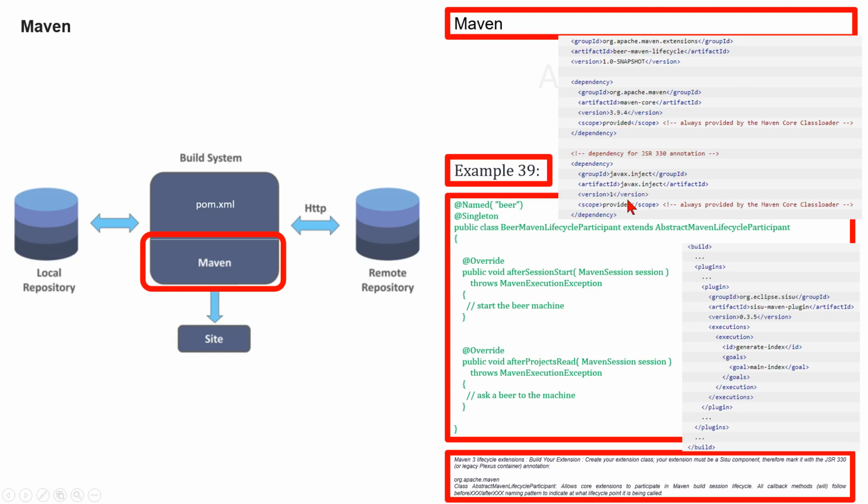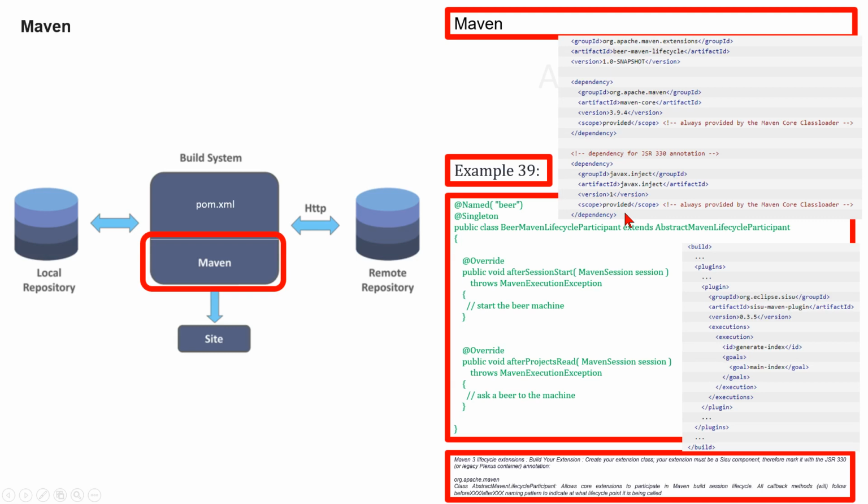Create your own extension class. Your extension must be a Sisu component. Therefore, mark it with JSR 330 or legacy Plexus container annotation.